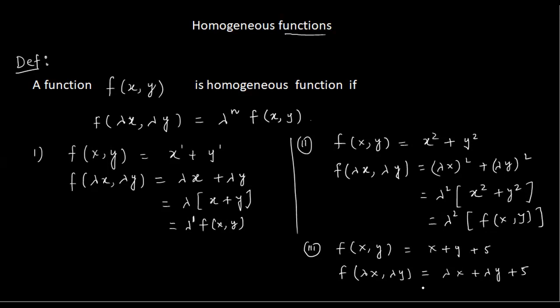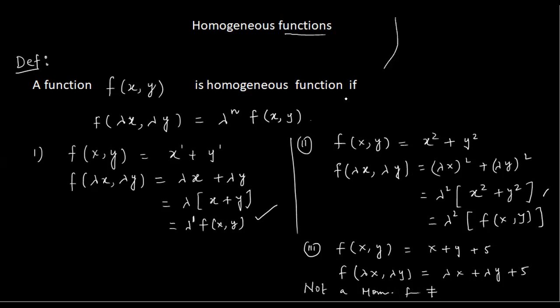This cannot be expressed as λ raised to any power times f of x, y. So this is not a homogeneous function. The first one is a homogeneous function of degree 1. The second one is a homogeneous function of degree 2.